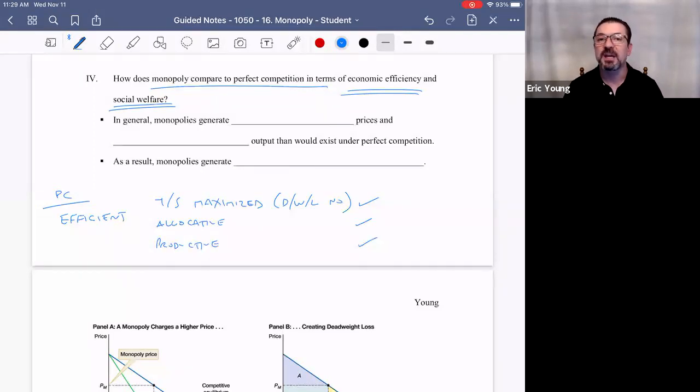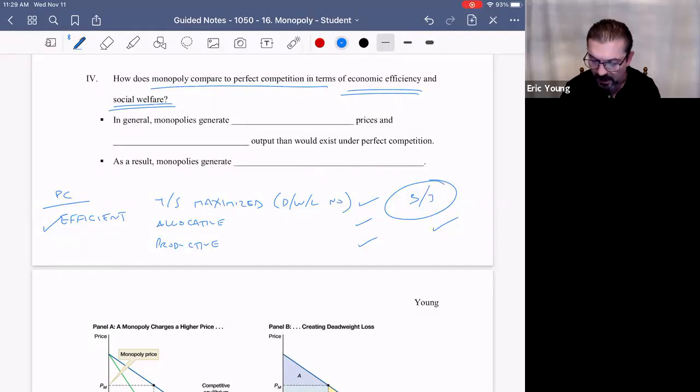So when we looked at the PC model at long run equilibrium, we concluded this is a socially efficient model. This is a good market structure. It maximized total surplus, there was no dead weight loss, it satisfied allocative efficiency, and it satisfied productive efficiency. We had 3 tests, and we said that PC scored a 3 out of 3.